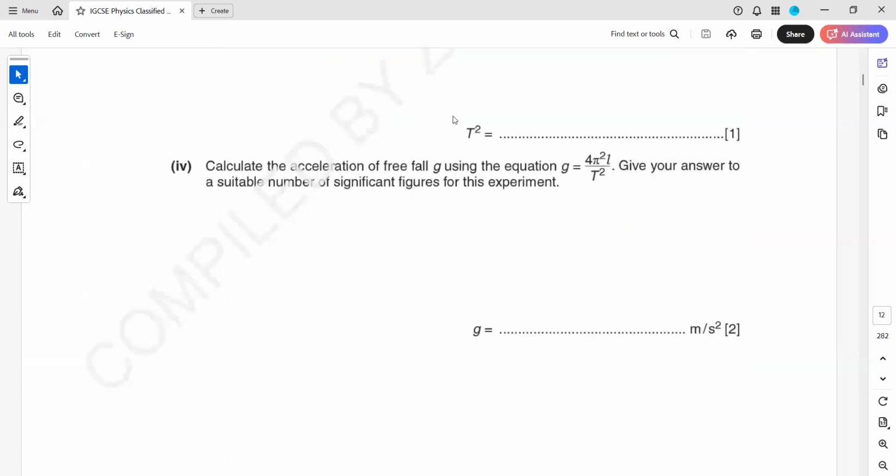The next is, listen, boys: calculate the acceleration of free fall with the equation. It can be calculated by this formula: g equals 4 pi square L over T square. You just have to substitute the values.